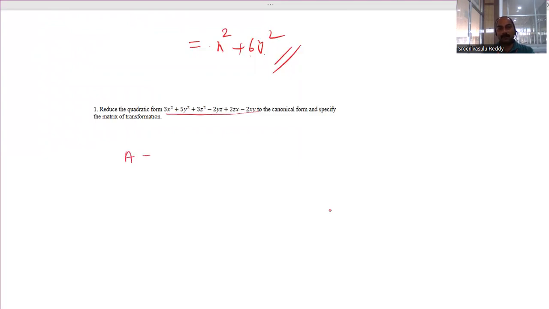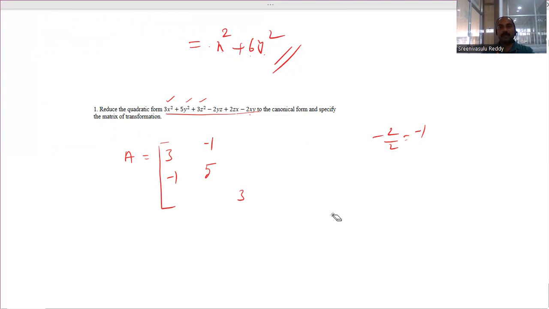What is the matrix of the quadratic form? The x square coefficient is 3, y square coefficient is 5, z square coefficient is 3. The xy coefficient is minus 2, half of it is minus 1. So keep minus 1 in the xy place and yx place.